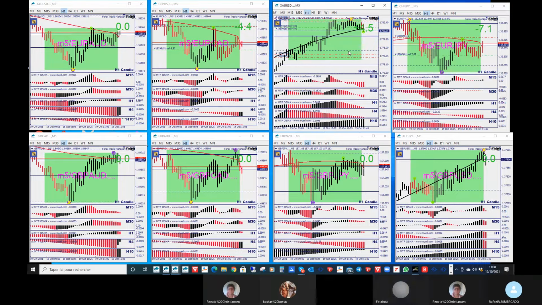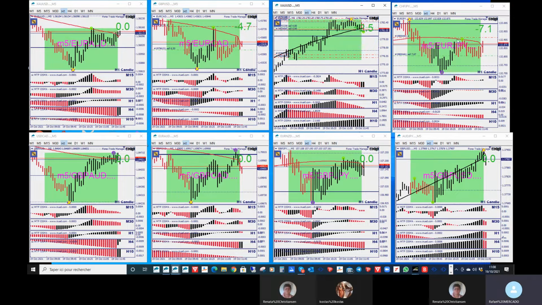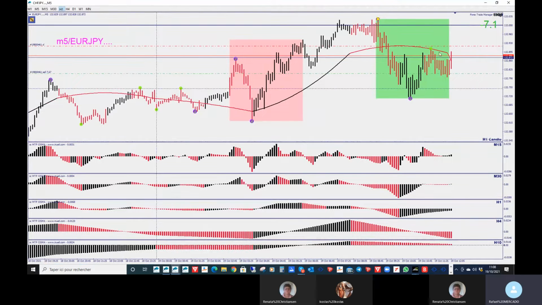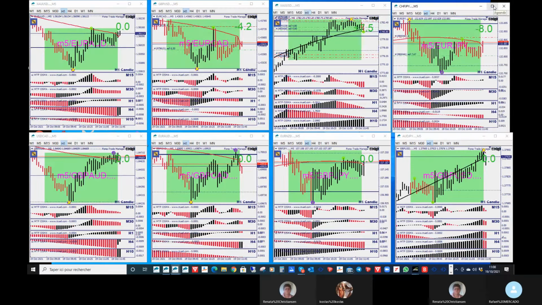Santiago, your stop in the Euro Yen is right here, or I feel that I have it too close, or I don't know if you entered in the Euro Yen or you didn't. No, I didn't enter the Euro Yen yet. It looked like it wanted to go short, but it's been going sideways.